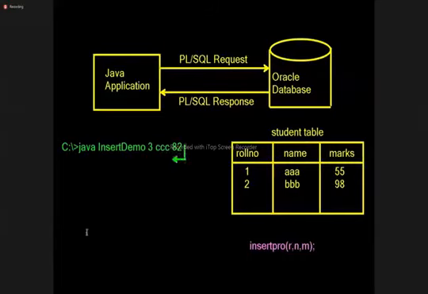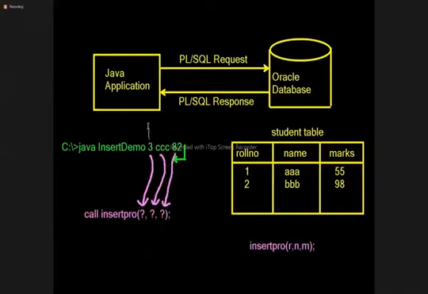Here, the query. No query will be here; the query will be inside the procedure. I'll just call insert pro here. I'll pass question mark, question mark, question mark. Here, this is inserted here, this is inserted here, this is inserted here.